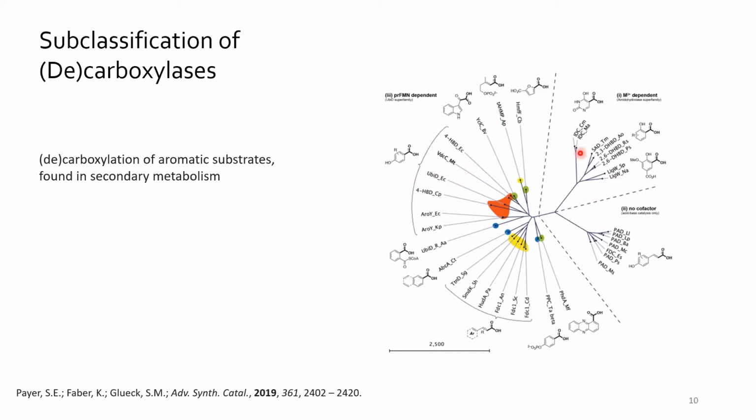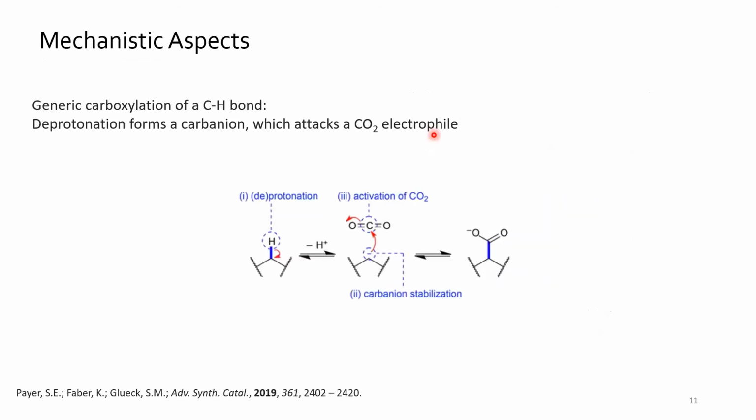And we can subdivide this into 3 big groups. The first group is the divalent metal-dependent decarboxylases, which do not use cofactors at all. And on the other hand, the big group of this new cofactor, which is a prenylated flavin mononucleotide.